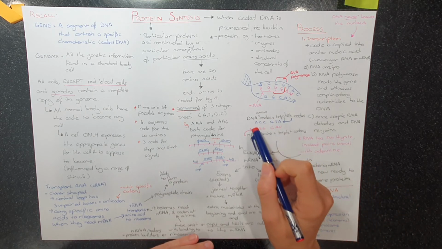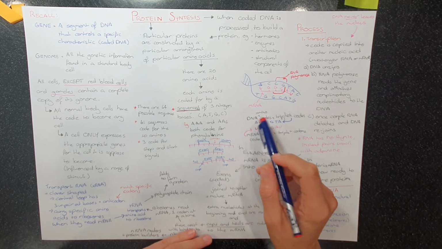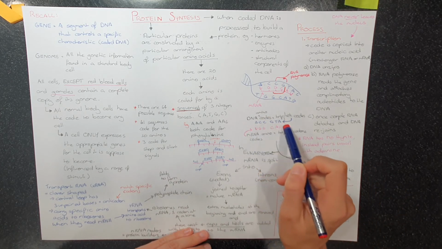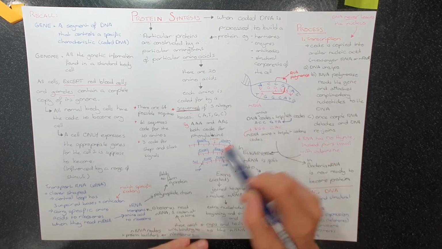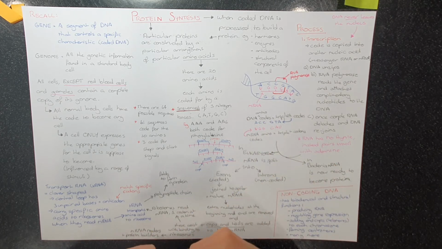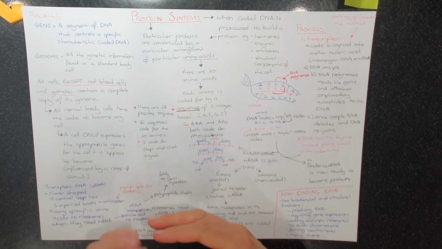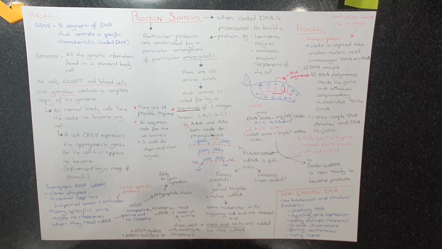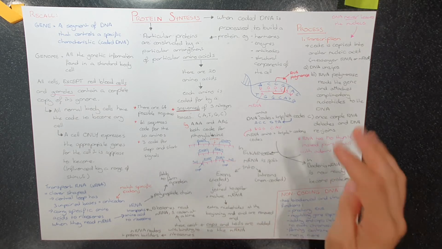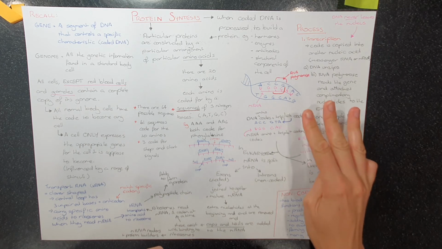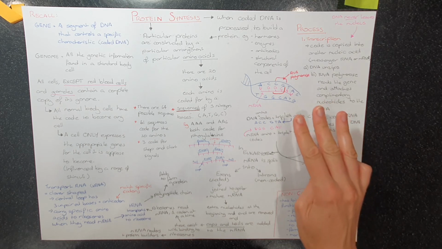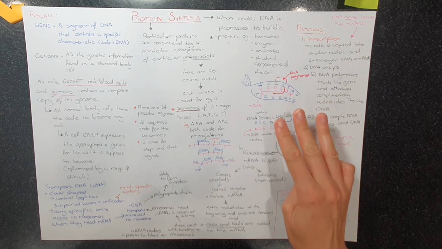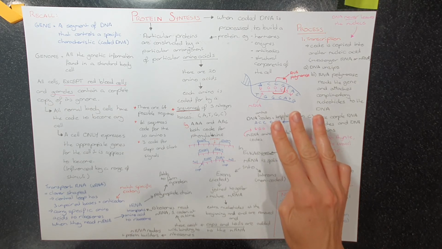But what has been coded is going to be used to determine what amino acids need to be made in order to make proteins. In DNA, the amino codes are called triplet codes, because it takes 3 bases to identify an amino acid, or to signal for an amino acid to be brought for protein building.